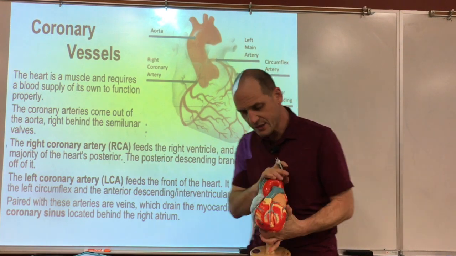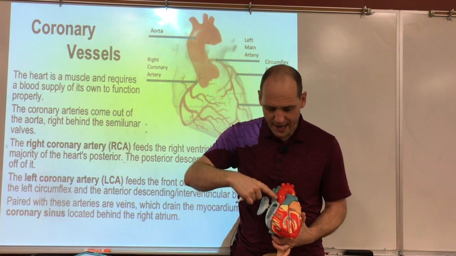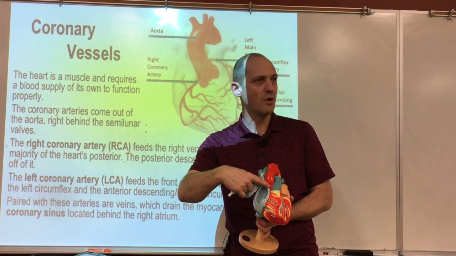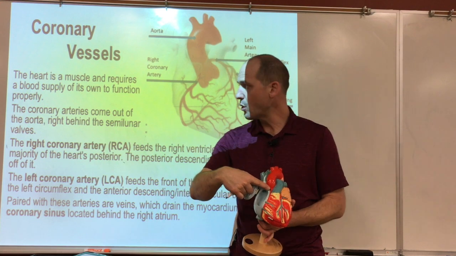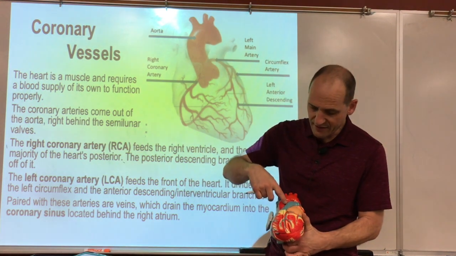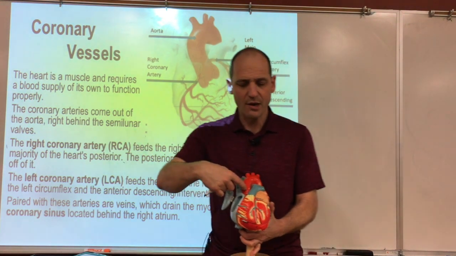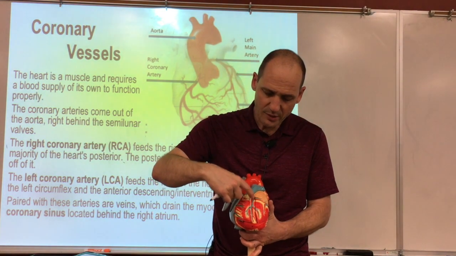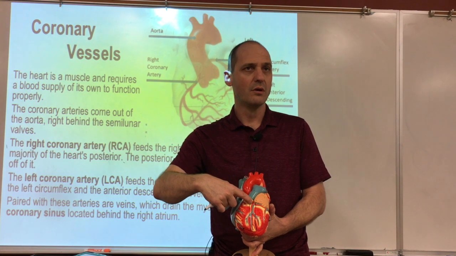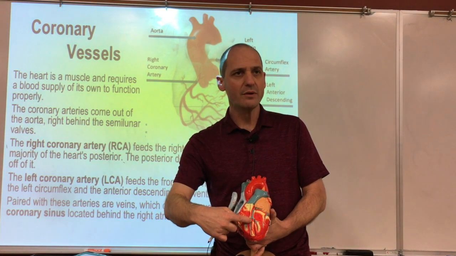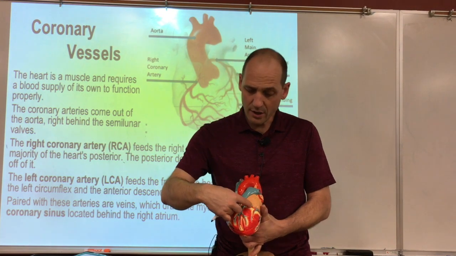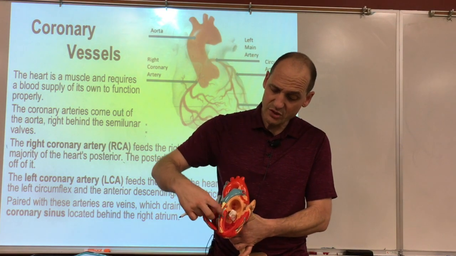So on the right side, you can see how it comes right out of here. That's where it comes out. So that's kind of nice to see. So we want to know that's the right coronary artery. And then on the left side, you cannot see where it comes out of the aorta. It's behind it, but you can see a little stumpy coming out of here, and then it splits right there, right in two. The one going straight down is the anterior interventricular artery, because it goes right on the interventricular septum.